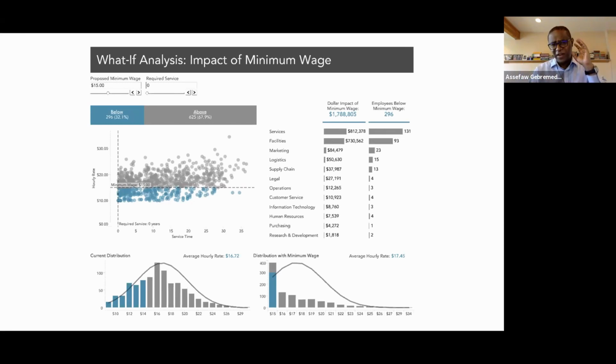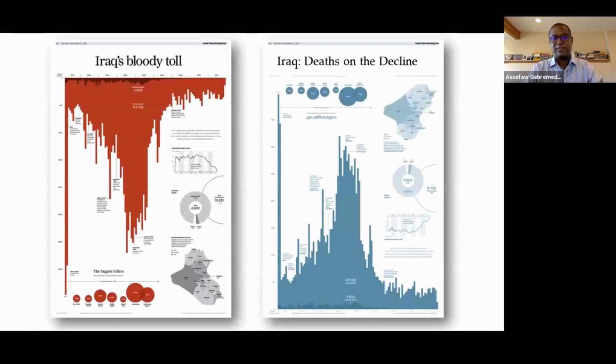And by a very simple choice of color, and you will start to appreciate this as the discussion goes on, by using a color for it, in this case a blue color, that would separate it from the rest of the data, which is just in gray, it gets magnified and it comes out. So the use of color in a very simple, effective way is to highlight something like this.